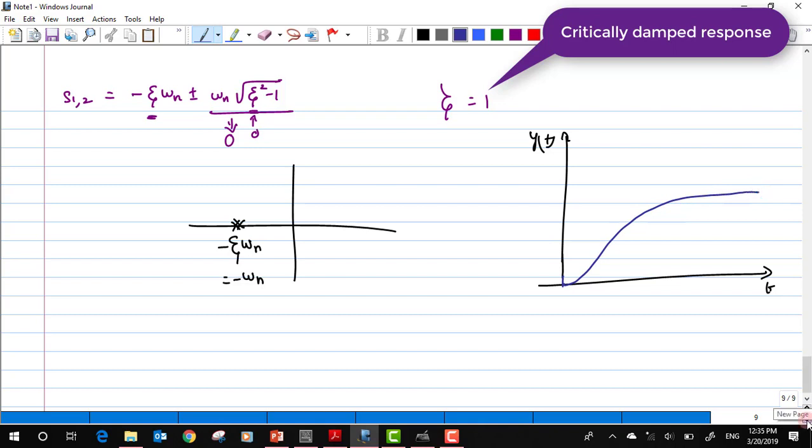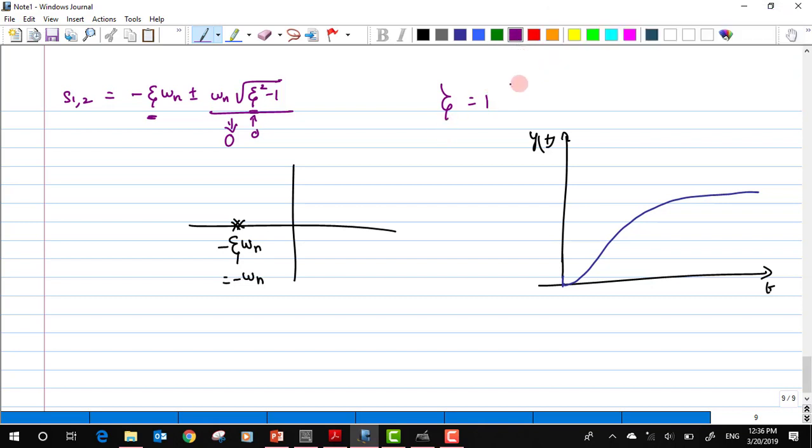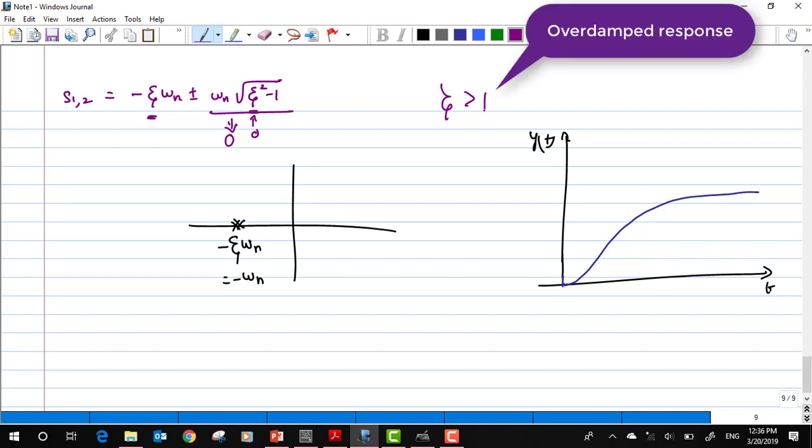Now finally, what happens the moment you have zeta greater than 1, say for example 2? Obviously this term will not be equal to 0 now, but what I would get is 2 poles. One would be here, the other one would be here.